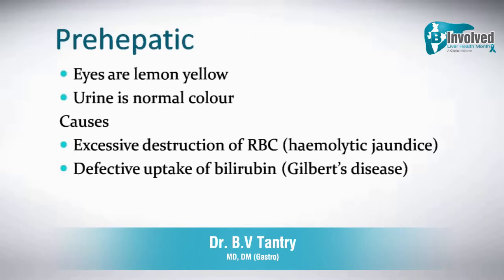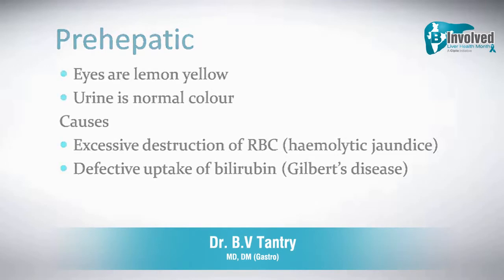And therefore you will find that in this type of jaundice, the eyes are lemon yellow in color, but the urine is normal in color. There are only two major causes of the prehepatic type of jaundice. Either your red blood cells are being destroyed very fast, so that a lot of bilirubin is produced, and the liver cannot handle this large amount of bilirubin which is coming into the blood.